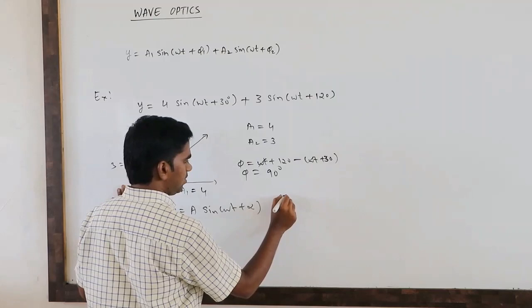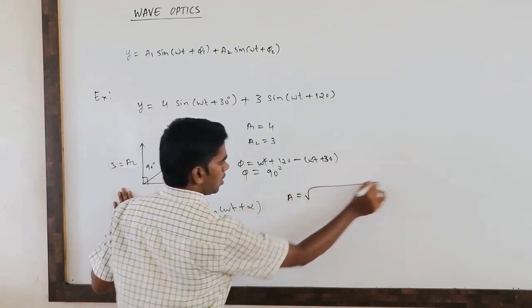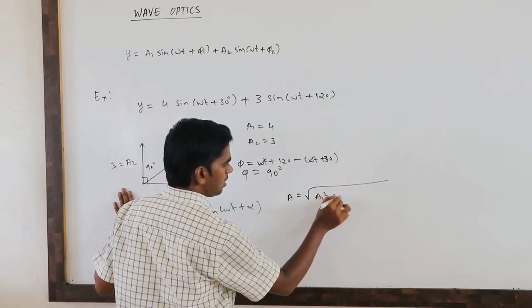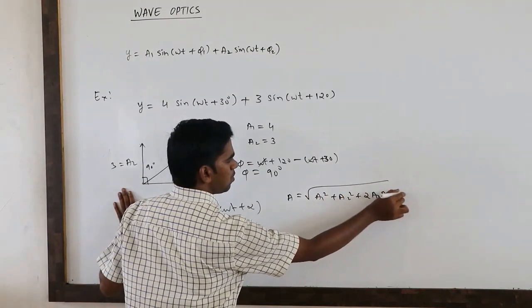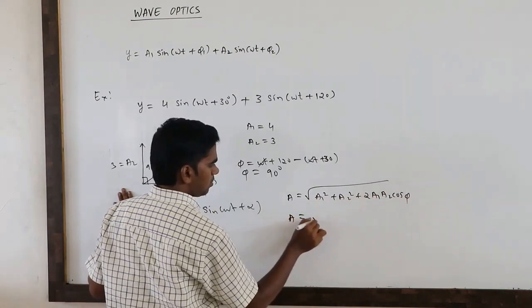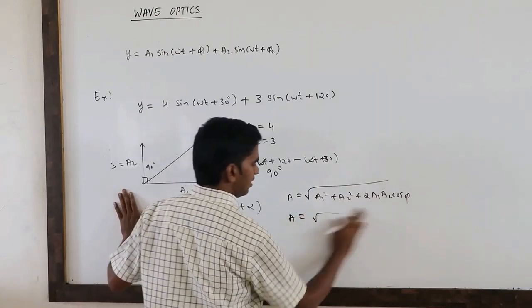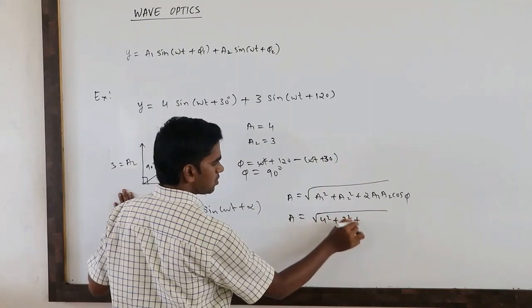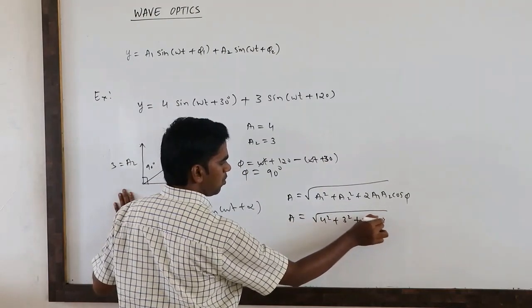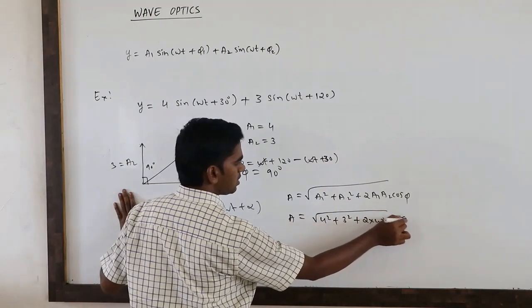We have a equals root of a1 square plus a2 square plus 2 a1 a2 cos phi. So a equals root of 4 square plus 3 square plus 2 into 4 into 3 cos 90 degrees.